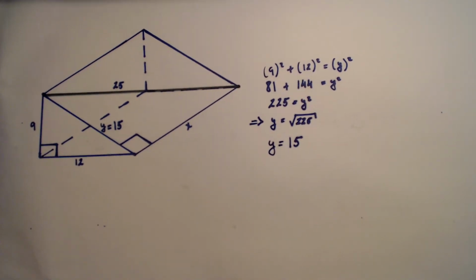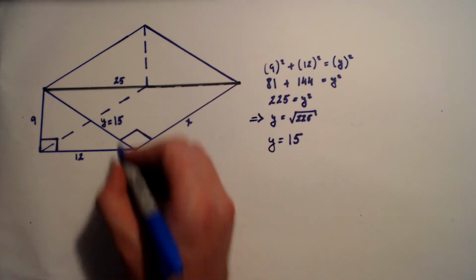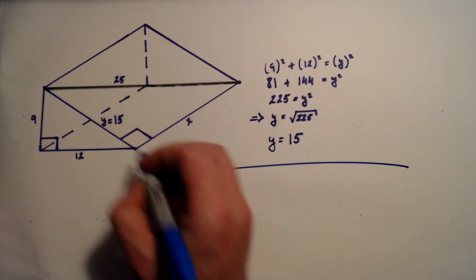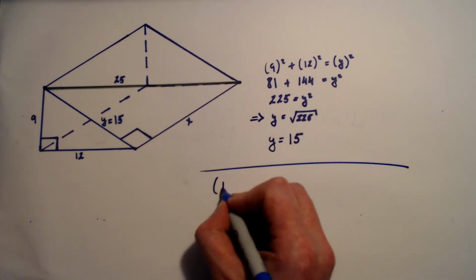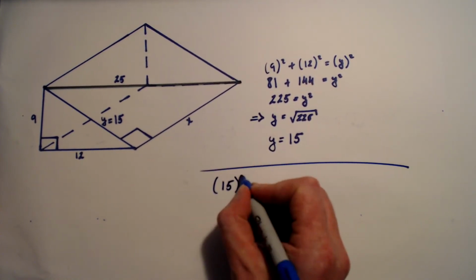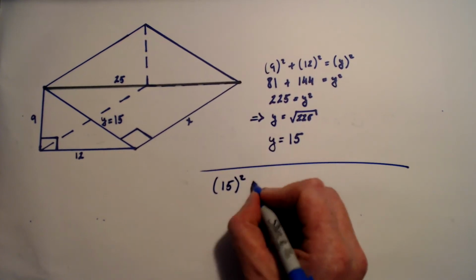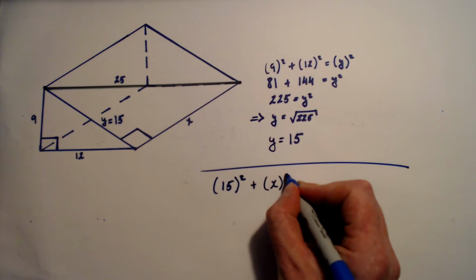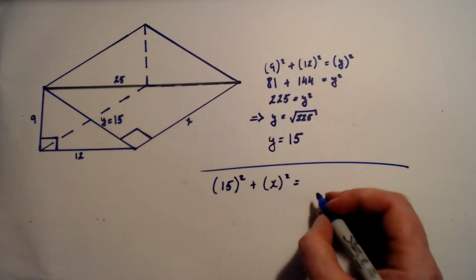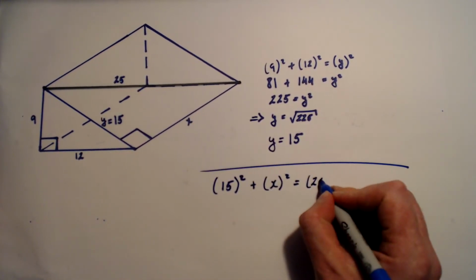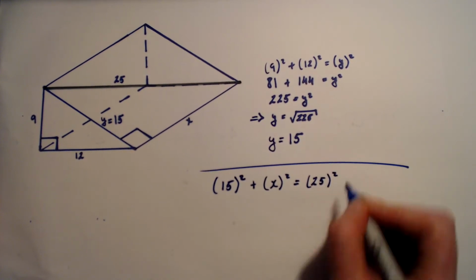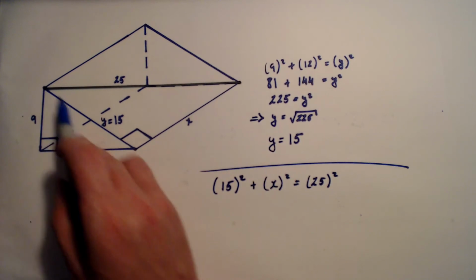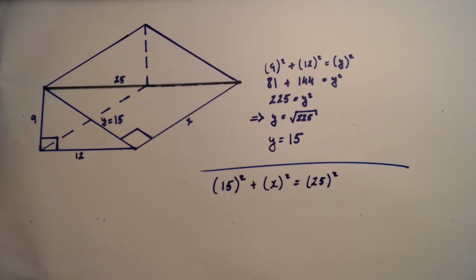Setting up my Pythagorean theorem again, I have 15 squared plus x squared is equal to 25 squared. So that is applying the Pythagorean theorem to this triangle.